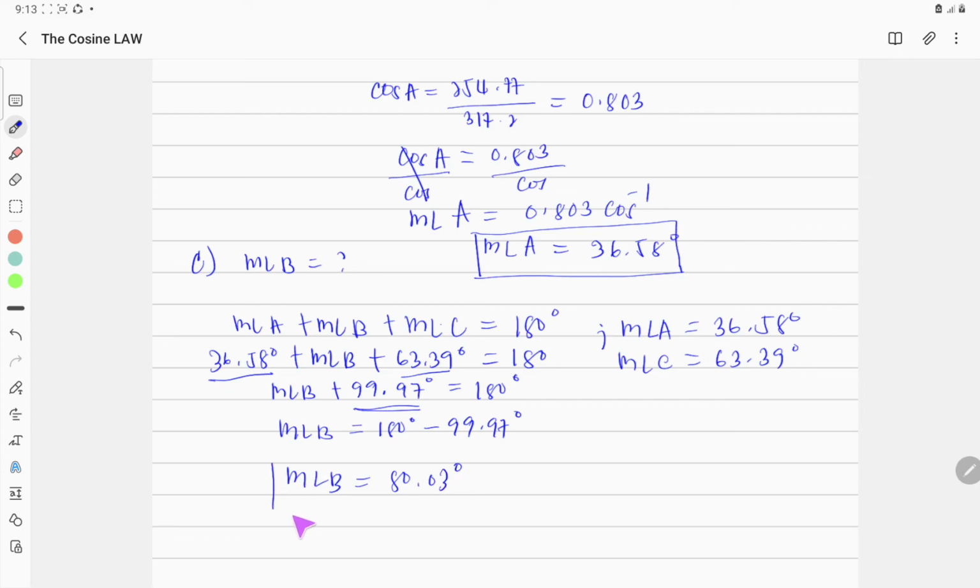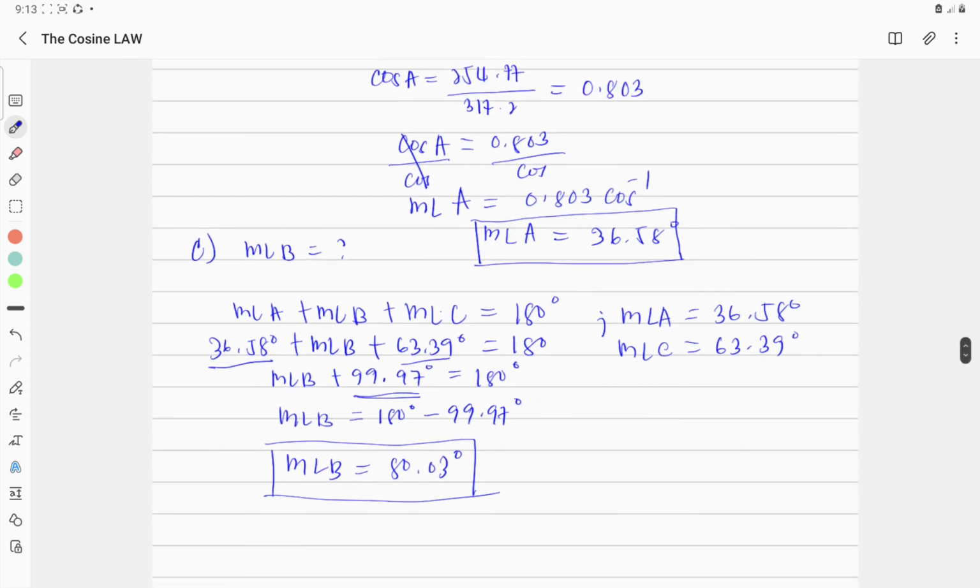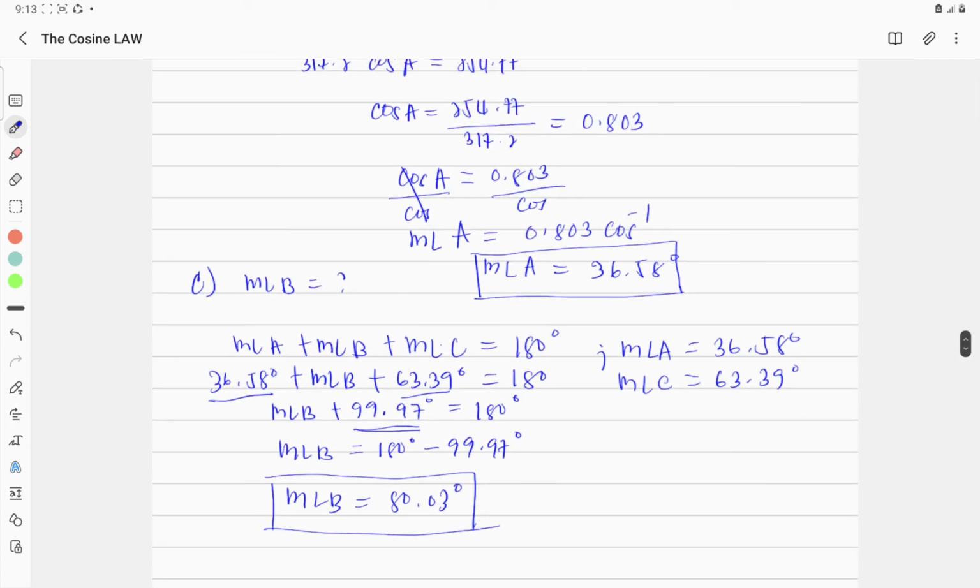This is now the measure of angle B. At this point, we were able to solve triangle ABC, which is an oblique triangle, using the law of cosines. Thank you and good day.